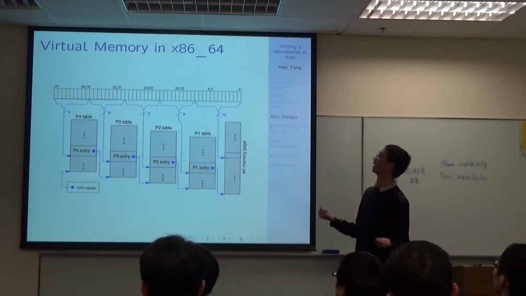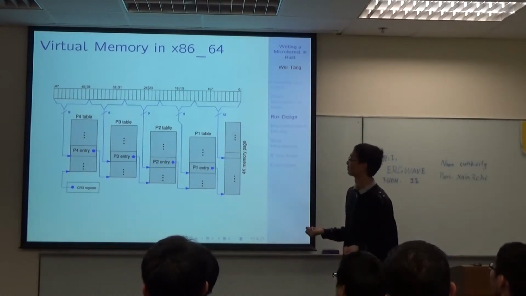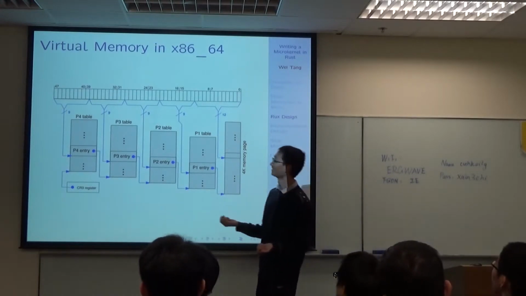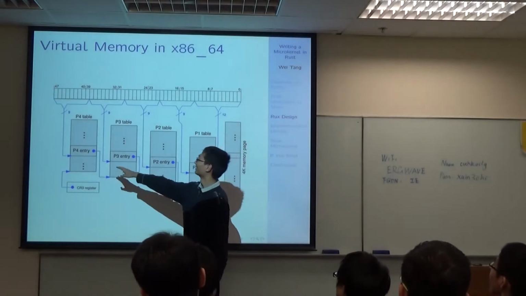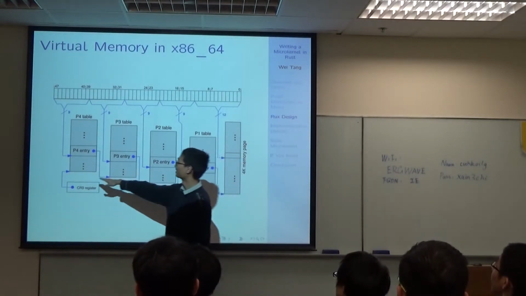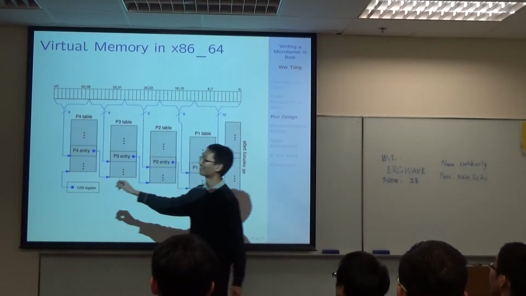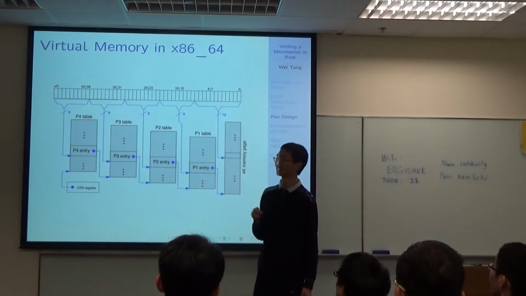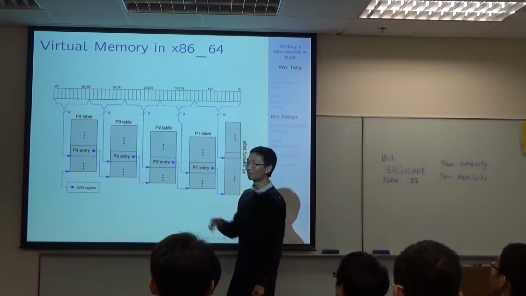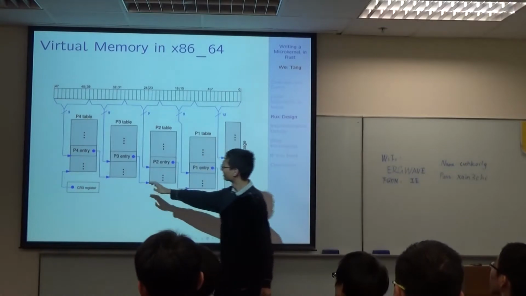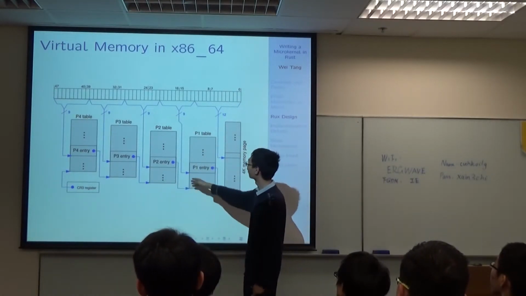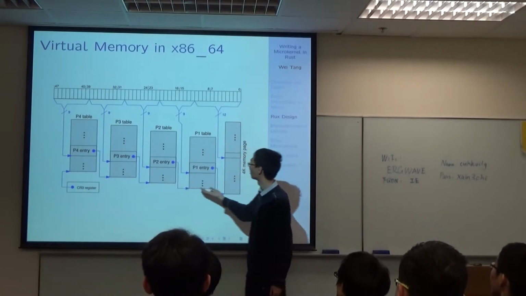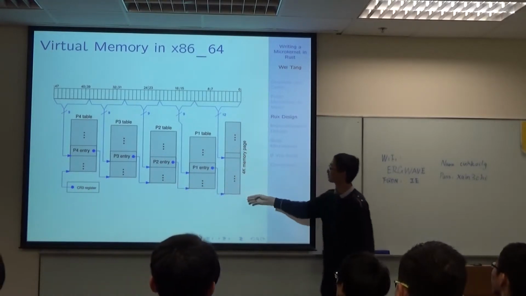In x86-64, basically how it works, you get 4 different page tables. I use different names here. This is actually called something like the page directory pointer table, and this is called the page directory table, something like that. And then this one is called a page table, and it refers to the actual memory.